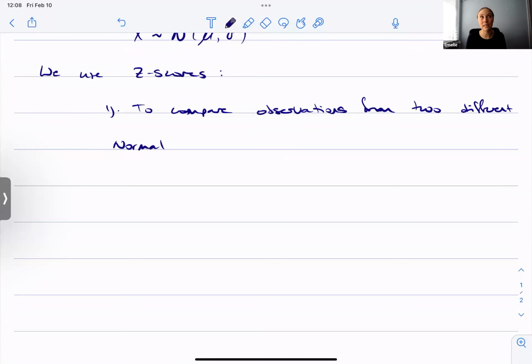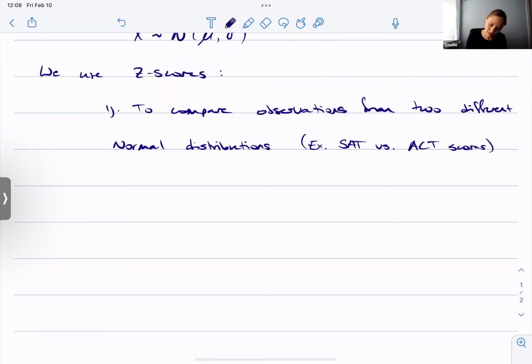They don't even necessarily have to be different, but usually they are, okay? Normal distributions. All right, so for example, the SAT versus the ACT scores yesterday.